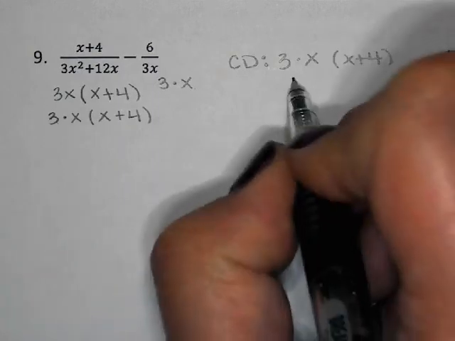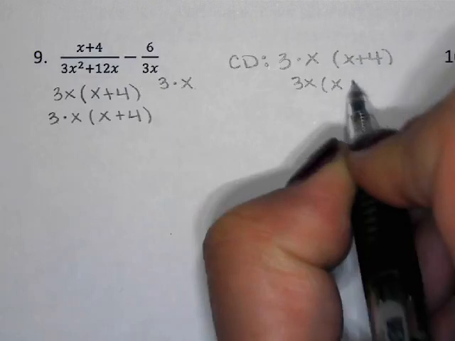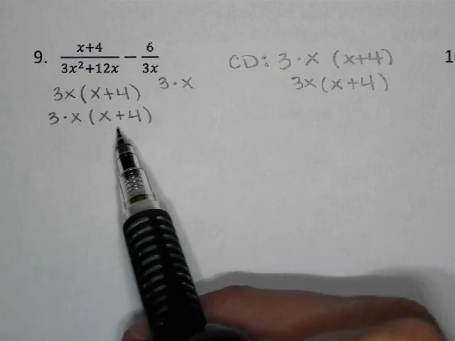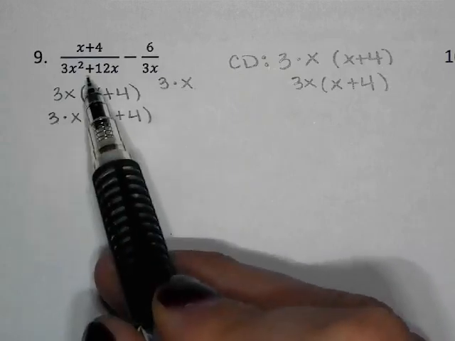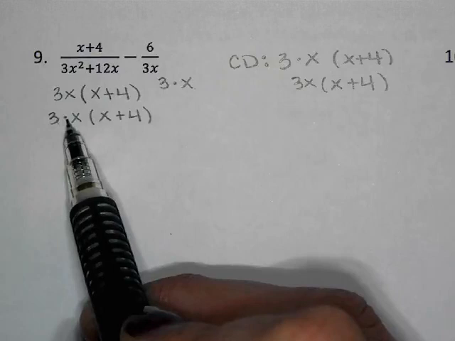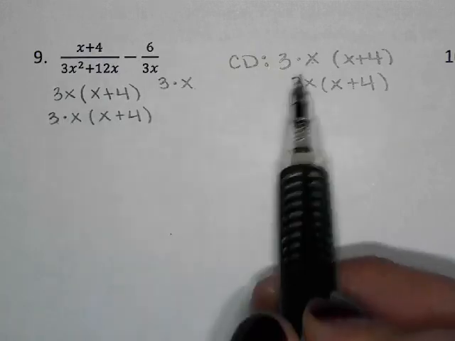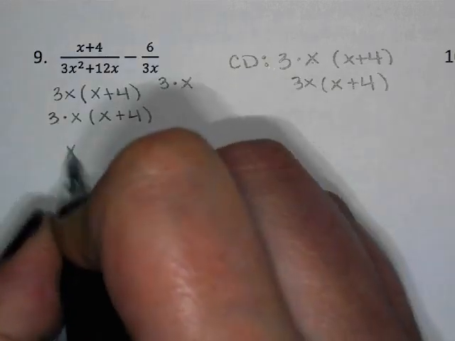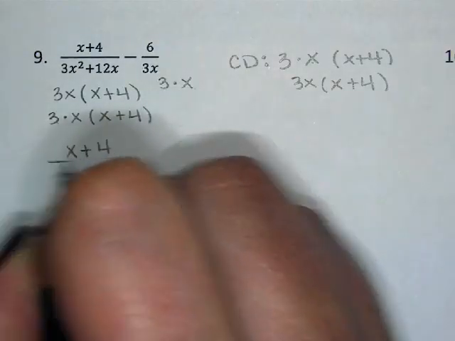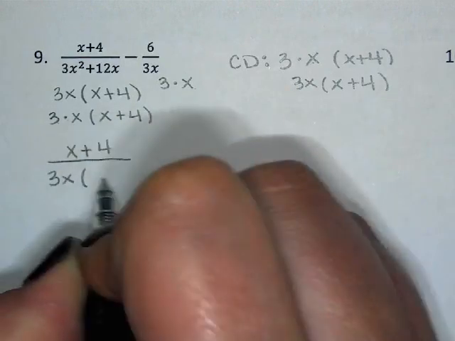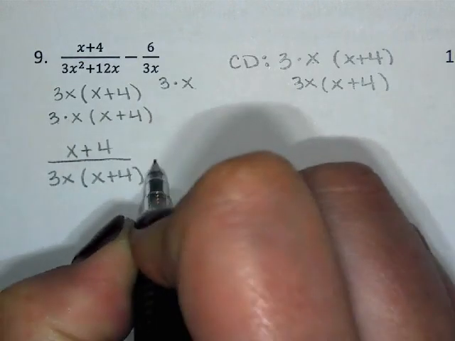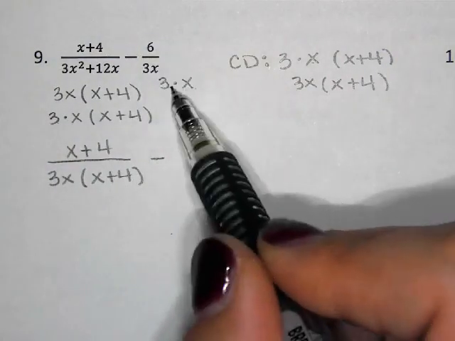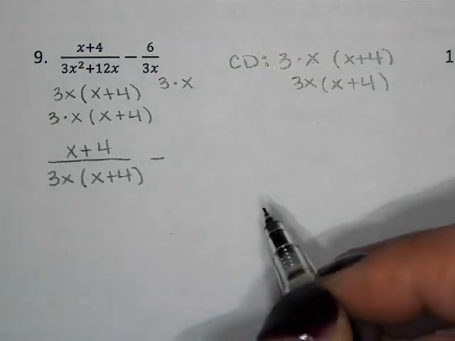It's pretty simple. So that means if we look at the first fraction and we look at the denominator, does the first fraction need anything? No, it does not. So for the first fraction, I'm just going to copy it down. The second fraction has a 3x. Does the second fraction need anything? It needs an x plus 4.